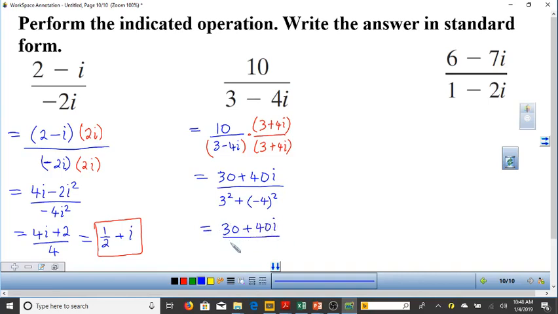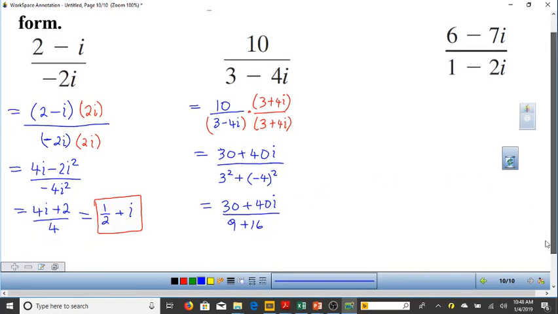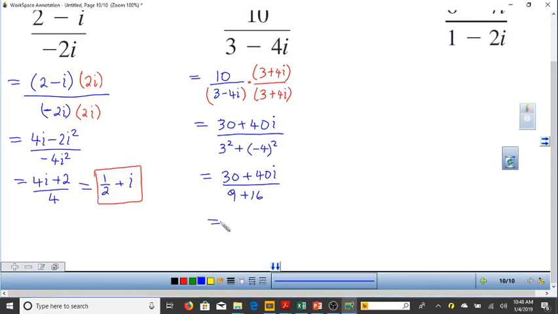And in the denominator, we get 9 plus 16, and 9 plus 16 is 25. So you end up with 30 over 25 plus 40 over 25i, which simplifies. 30 over 25 is 6/5. 40 over 25 is 8/5 i. And that's our division.